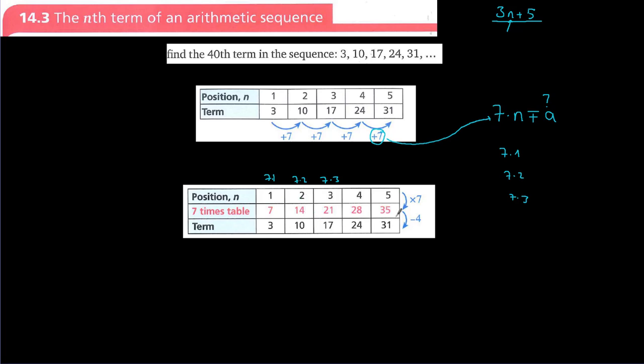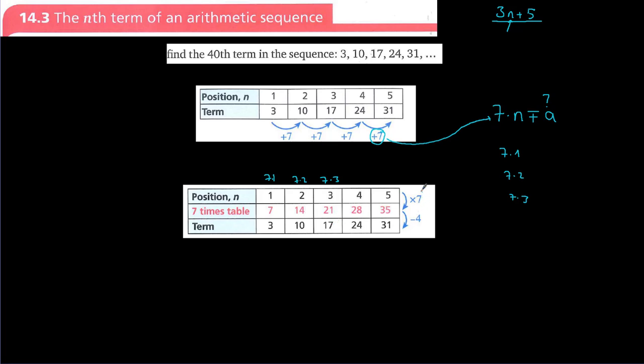And these are not the terms of the sequence. What are the terms of the sequence? 3, 10, 17. And as you see, from 7 to 3, you are decreasing 4. From 14 to 10, again you are decreasing 4. And from 21 to 17, again you are decreasing 4.